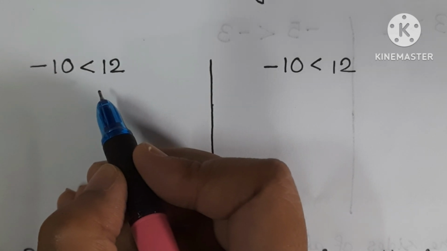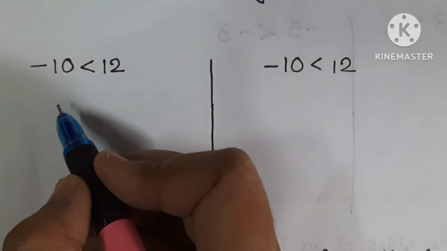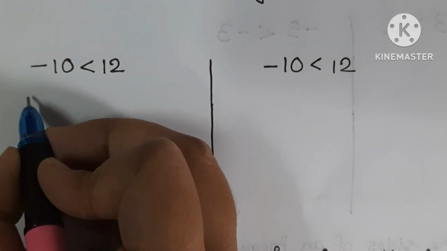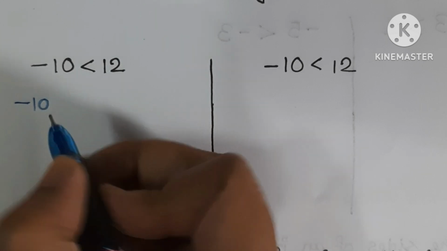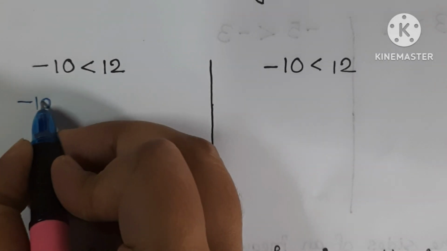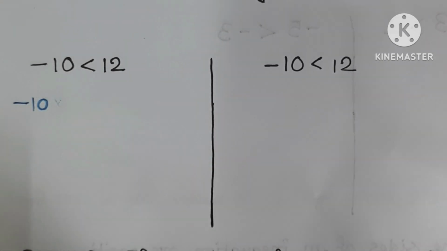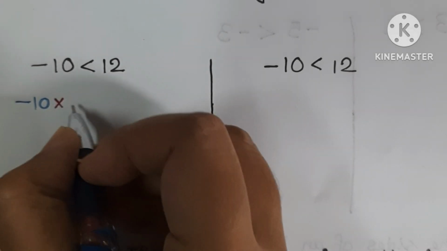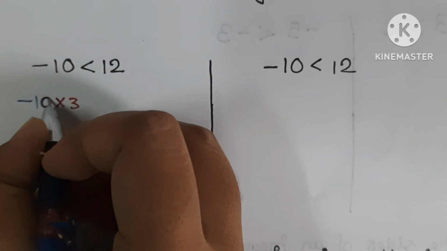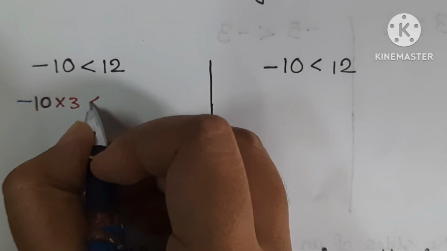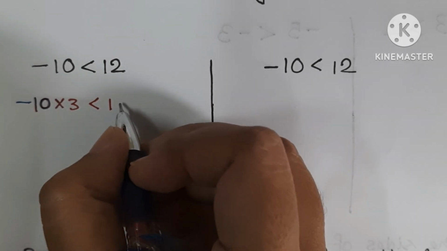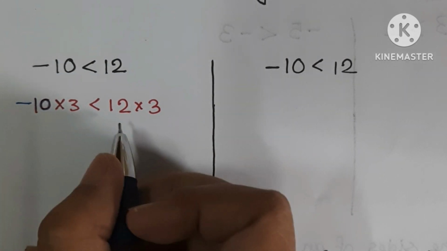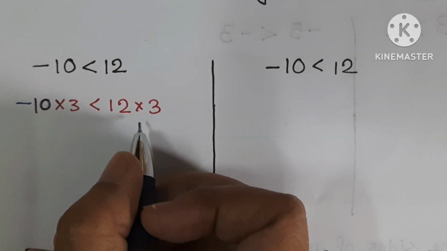Now if I multiply both sides by any positive number, let's take 3, what will I get?